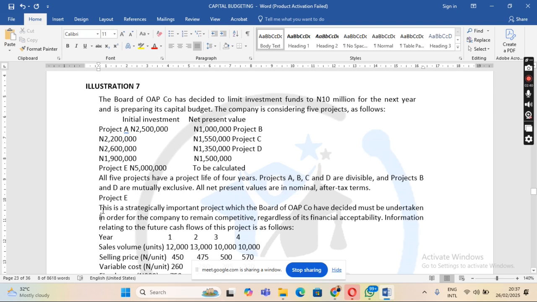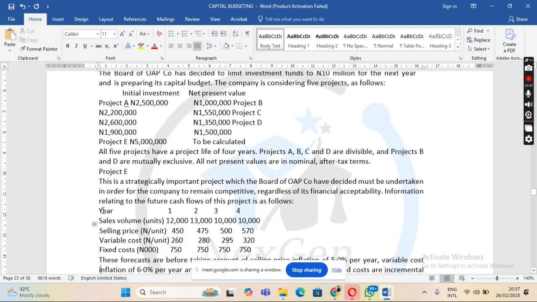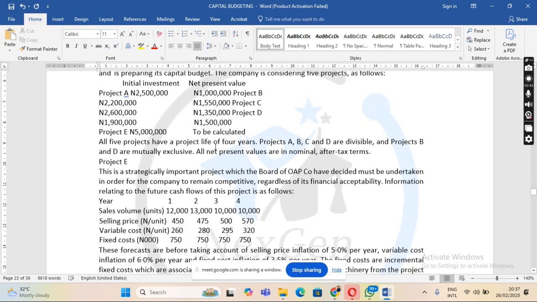Project E is a strategically important project which the board of OAP Co has decided must be undertaken in order for the company to remain competitive, regardless of the financial acceptability. Information relating to the future cash flow of this project is as follows.